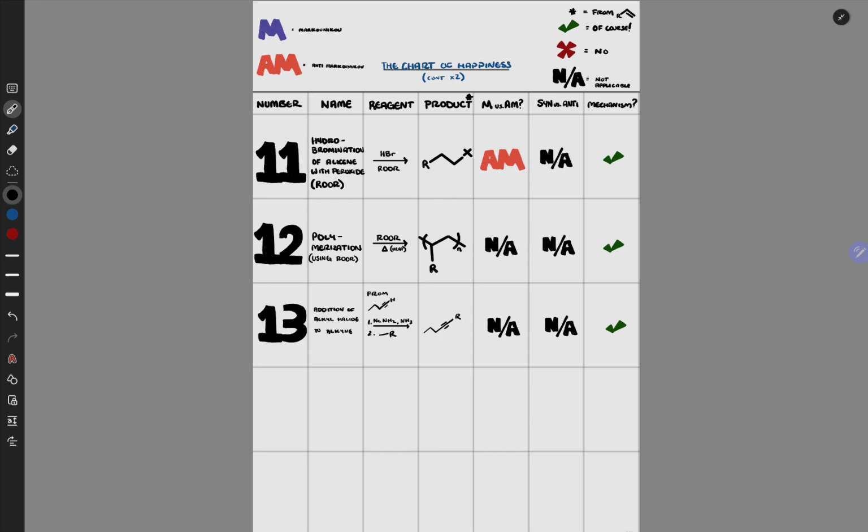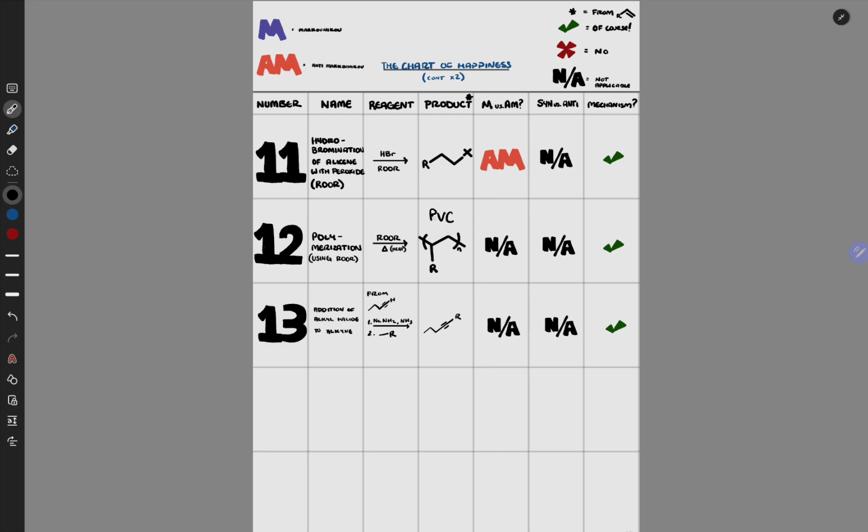Again, like a record, I will say that we're going to work on that. Number 12 is a polymerization using peroxides. All we use for this is actually just a peroxide. You'll throw peroxide onto a hydrocarbon chain, and this is actually how they make something called PVC.